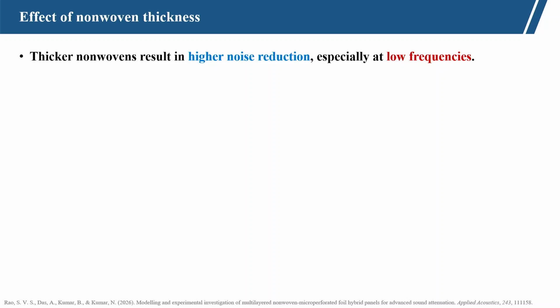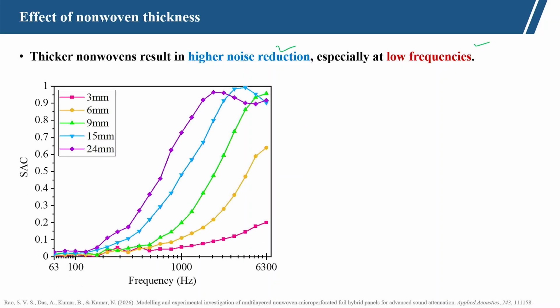That is thicker nonwovens, thicker nonwoven with higher noise reduction, especially at low frequency. This is the study we have carried out. We have changed the thickness of the nonwoven: 3 millimeter, 6 millimeter, 9, 15, 24 millimeter.